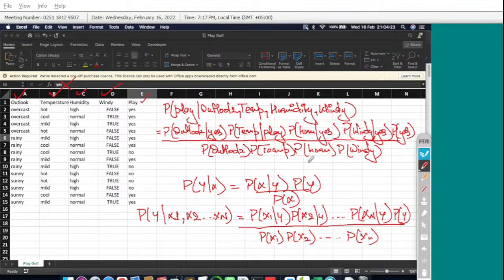Okay, perfect. Now, let me remove this and let's proceed to the support vector machines. Yes, guys, Naive Bayes is clear, everyone?